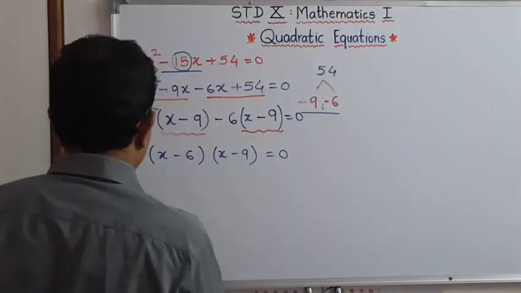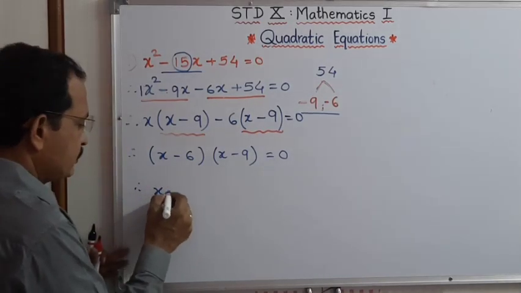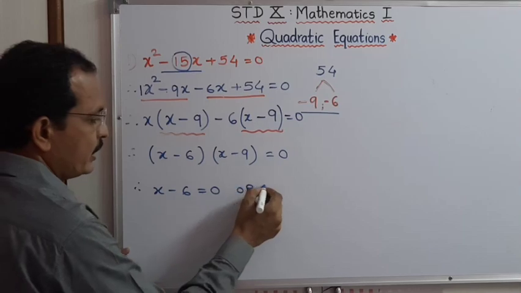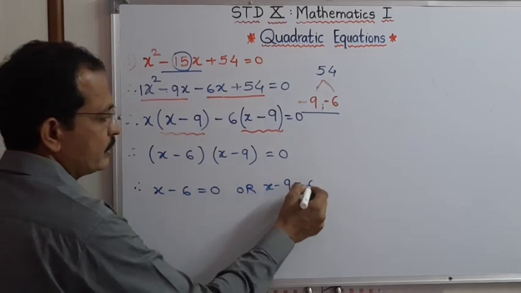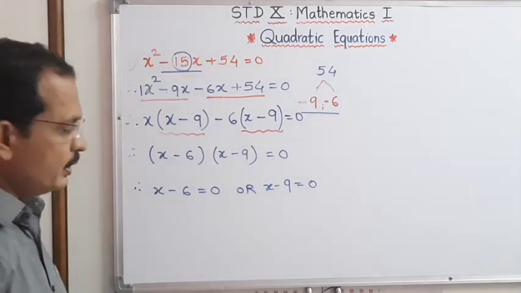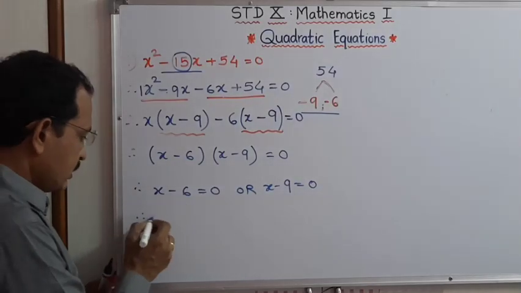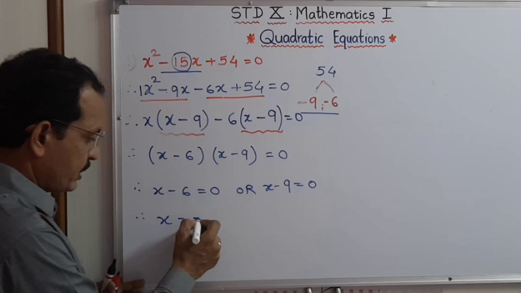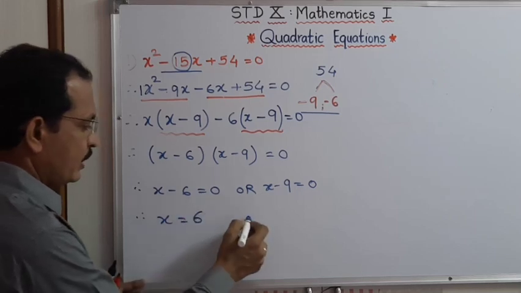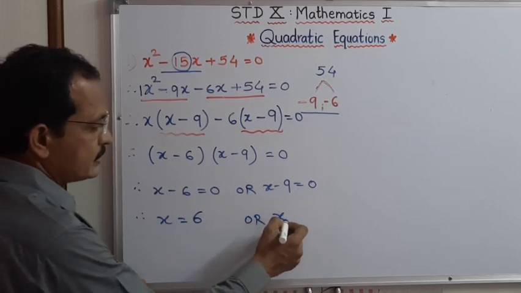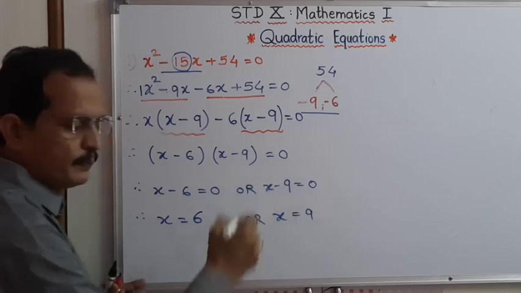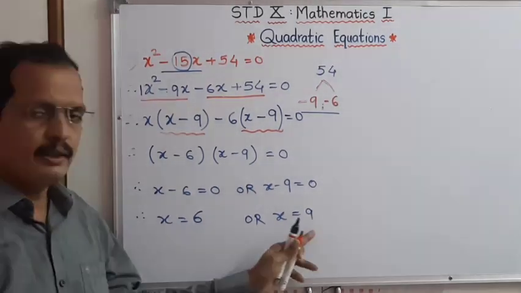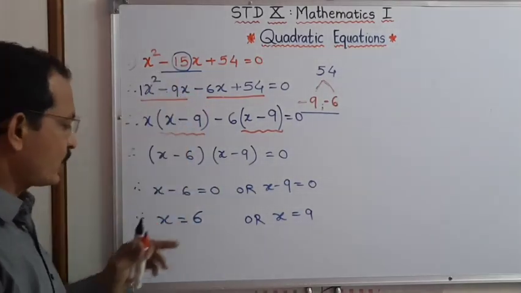Therefore we can write x minus 6 is equal to 0, or we can write x minus 9 is equal to 0. Now we have to solve this. x is equal to, this minus 6 goes to that side, it becomes plus 6, and we get here x is equal to 9. These are the roots. 6 and 9 are the roots of this quadratic equation.